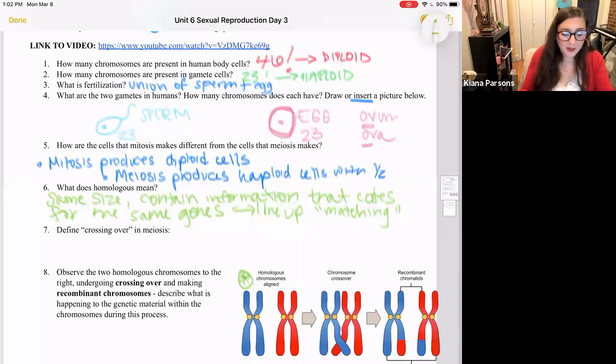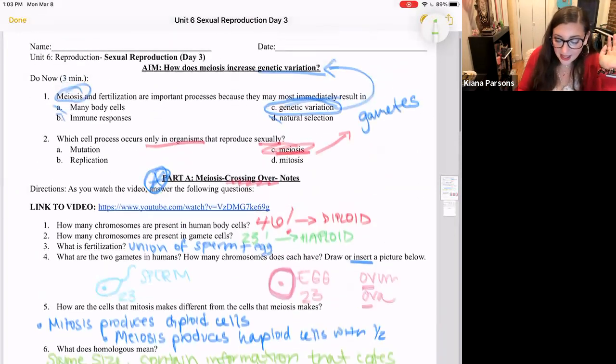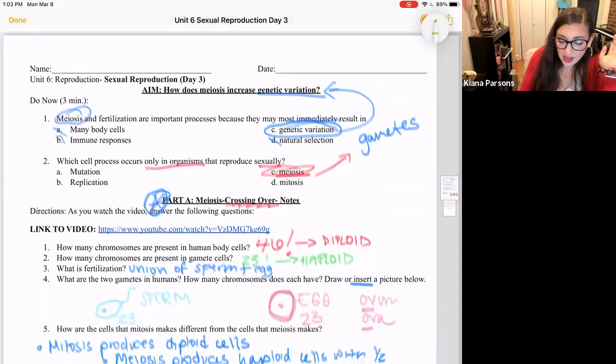Crossing over in meiosis. This is the most interesting, most fun part of meiosis. So just like the Amoeba Sisters in the video, I also think crossing over is really important. And anyone who is interested in biology, especially microbiology and genetics, loves crossing over because this is such a fascinating process. This is really the answer to our question, how does meiosis increase genetic variation?